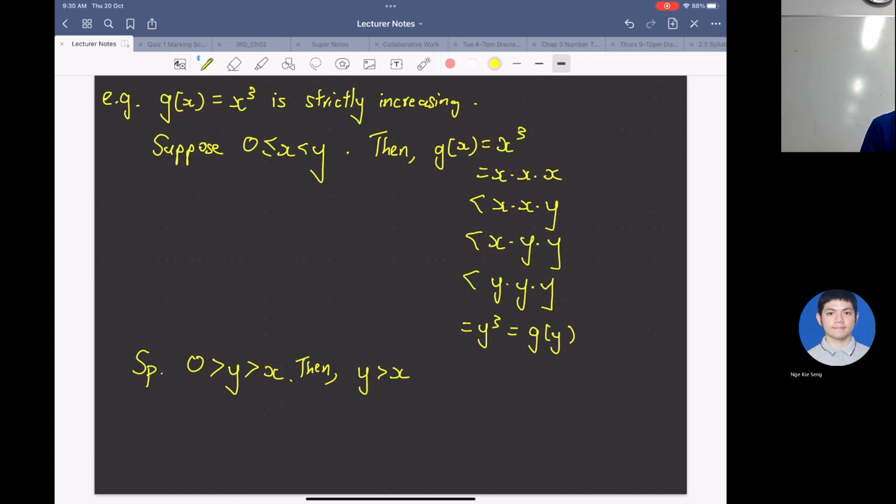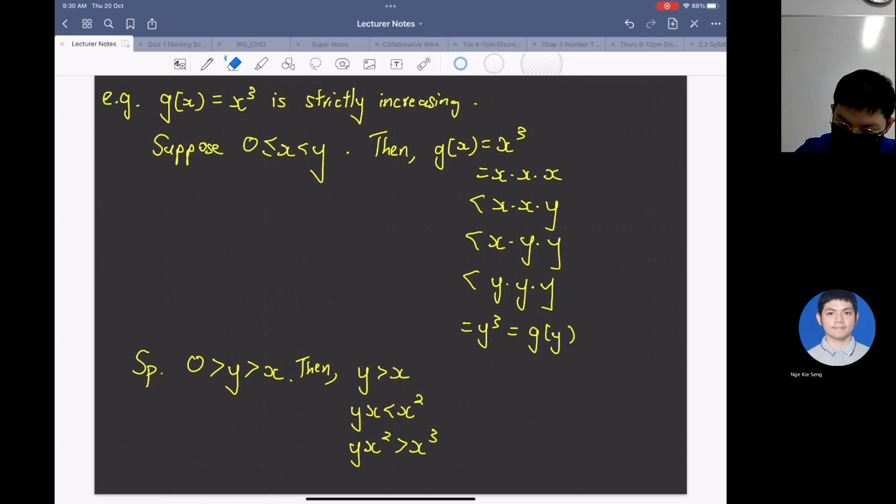Right, and then if you multiply x on both sides, you will swap the sign, because you multiply a negative number. And then if you multiply again, you get a swap on the inequality again. So similarly, you do a few times, for different terms. Maybe you don't know what the different terms are. So the idea is like this.